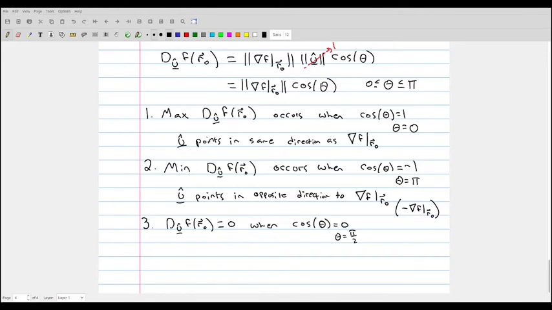And when this is the case, that means that u hat points perpendicular to the gradient vector at the point r0.